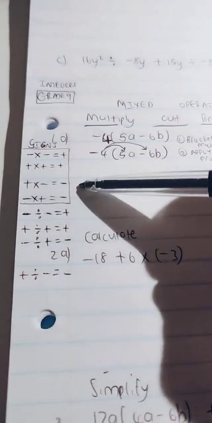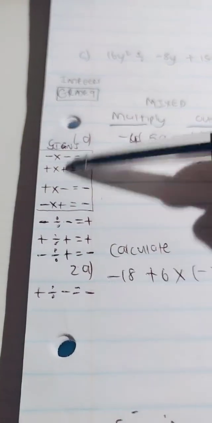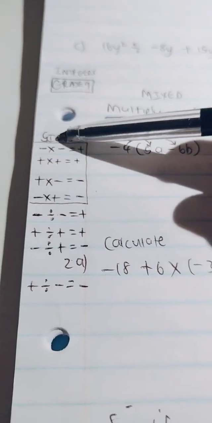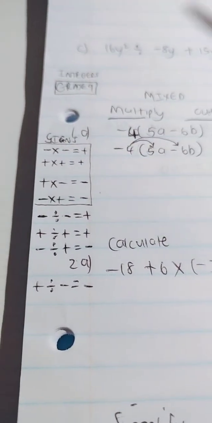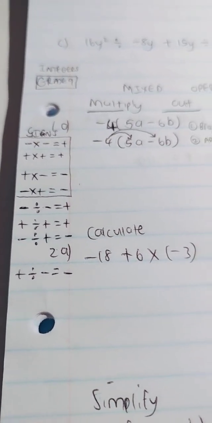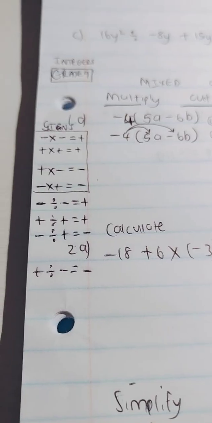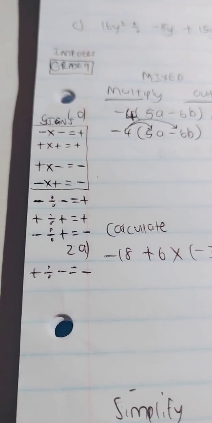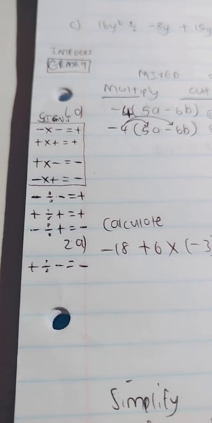A positive divided by a negative is a negative. So the multiplication and the division of signs results in the same outcome, because multiplication and division are inverse operations.